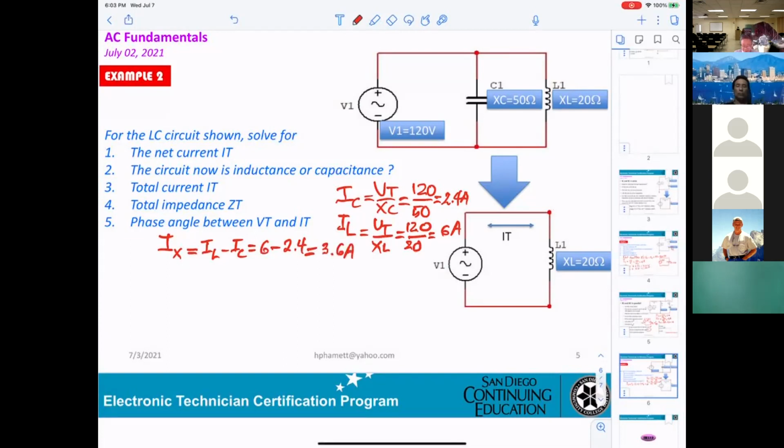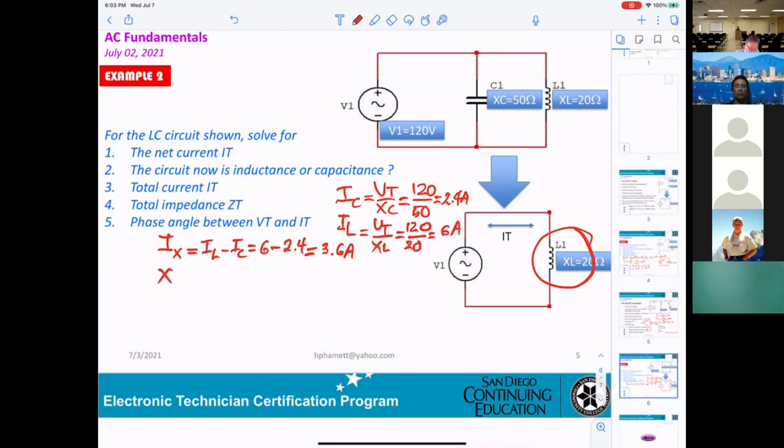So now you get a new circuitry with L. What they're looking for is the new value for the inductor. So you can do the same thing.